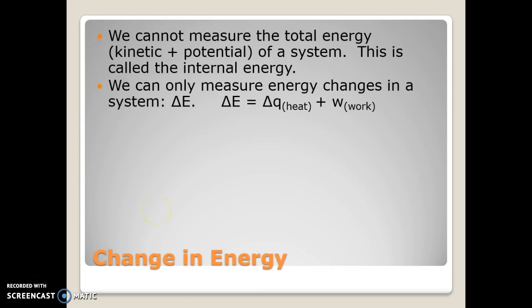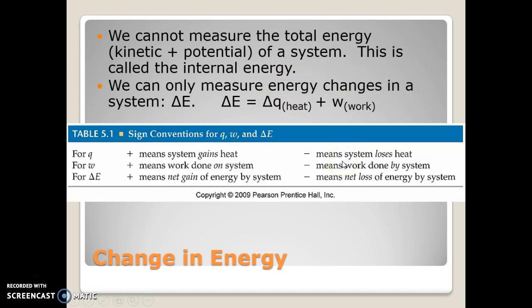All right, we cannot measure the total energy, the kinetic and potential, of a system, which is called the internal energy. The only thing we can do is measure how energy changes. And so energy can change in two ways. It can change from heat and it can change from work. So let's take a look at how that translates. If a system is gaining heat, we call that a positive increase in Q. That's going to increase the total energy of the system.